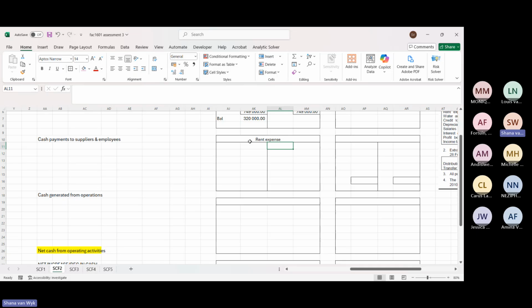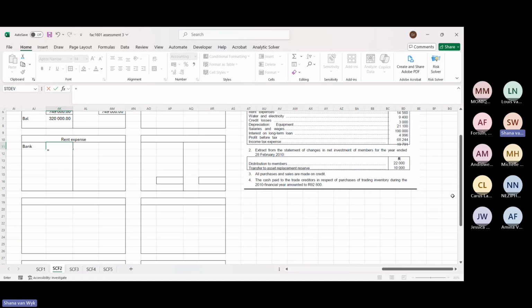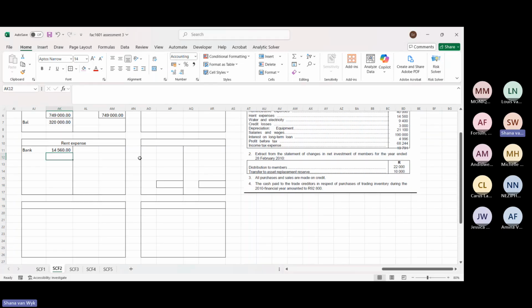So the rent expense is going to be on this side, 14,560. And then we're just going to close it off to profit and loss.